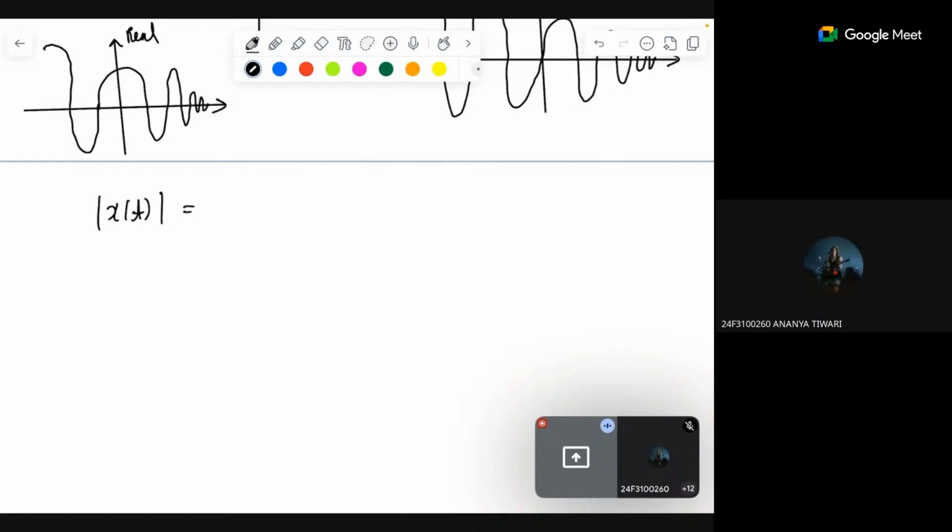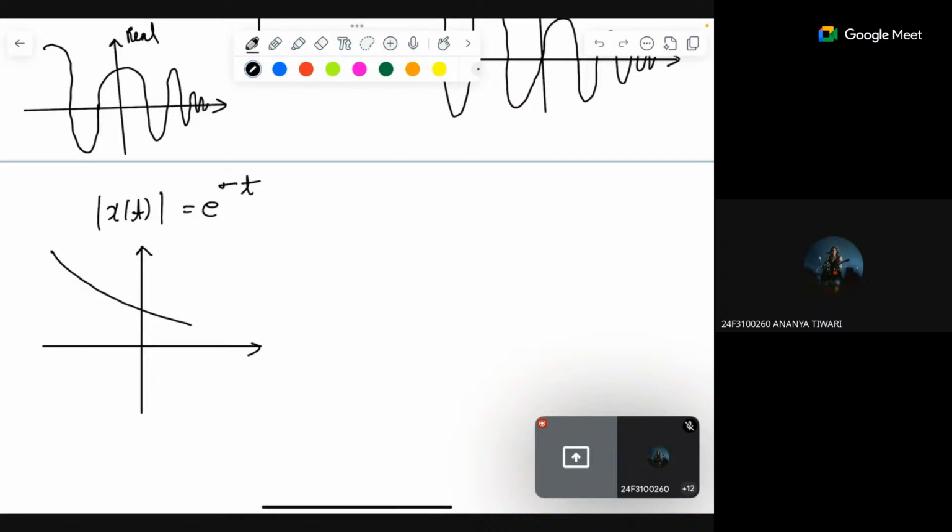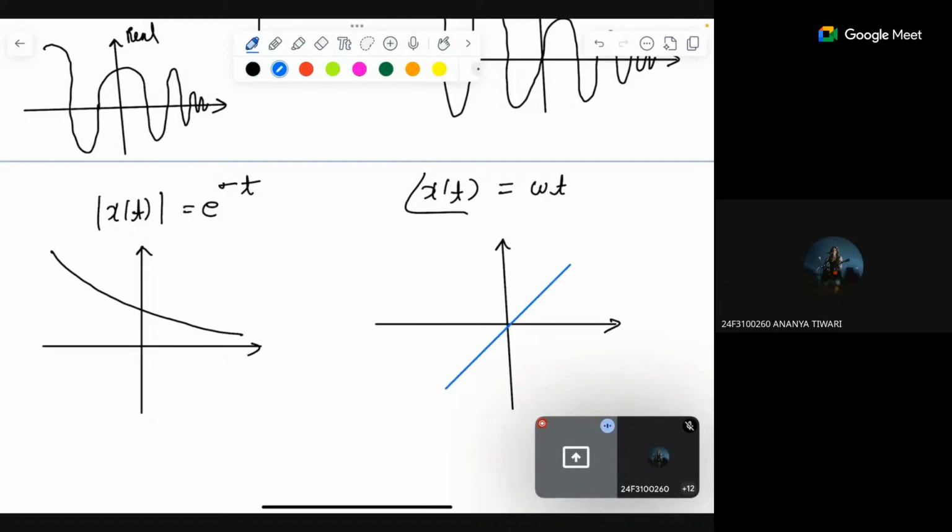Magnitude of x of t is e raised to the power of sigma t, just the decaying exponential. Phase of x of t is omega t. We will draw it something like this, and then phase wrapping will occur. Okay, is this fine?